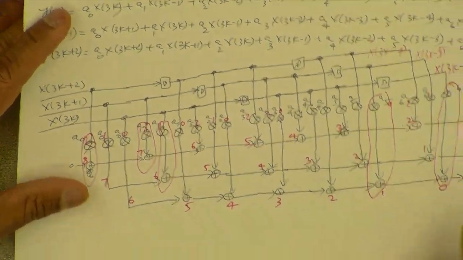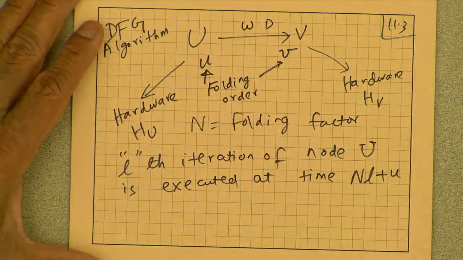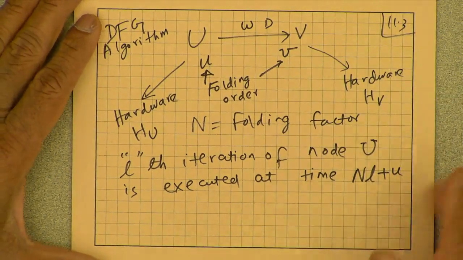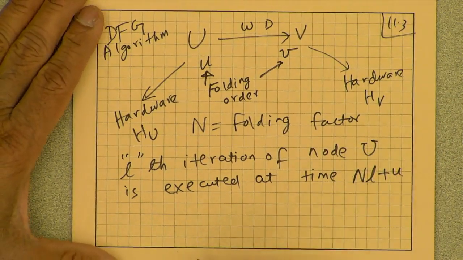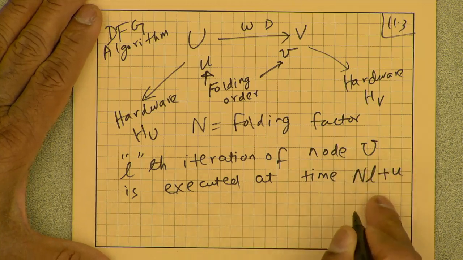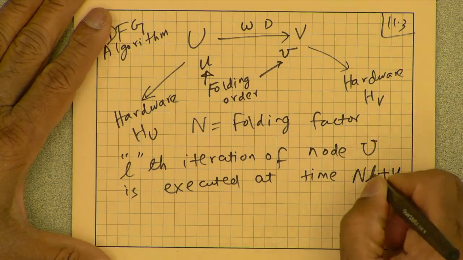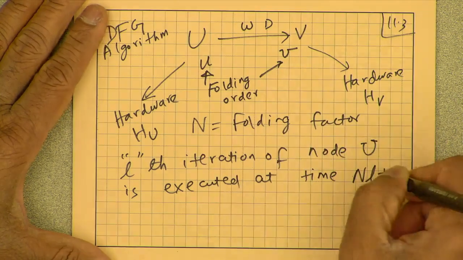Next iteration means K is equal to 1. So the nth iteration of node U is executed at time n times L plus the folding order u.